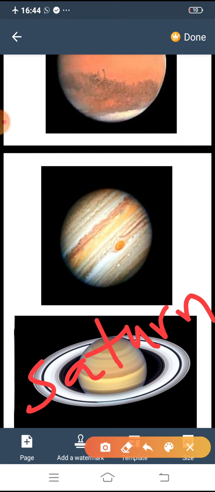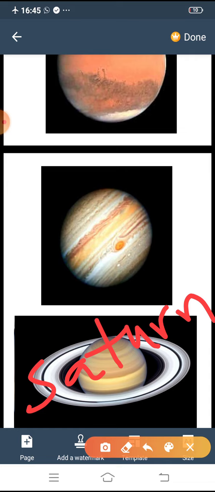Saturn, first seen by Galileo in 1610. Saturn is at a mean distance of about 1426.97 million kilometers from the Sun and is the last of the planets visible to the naked eye.